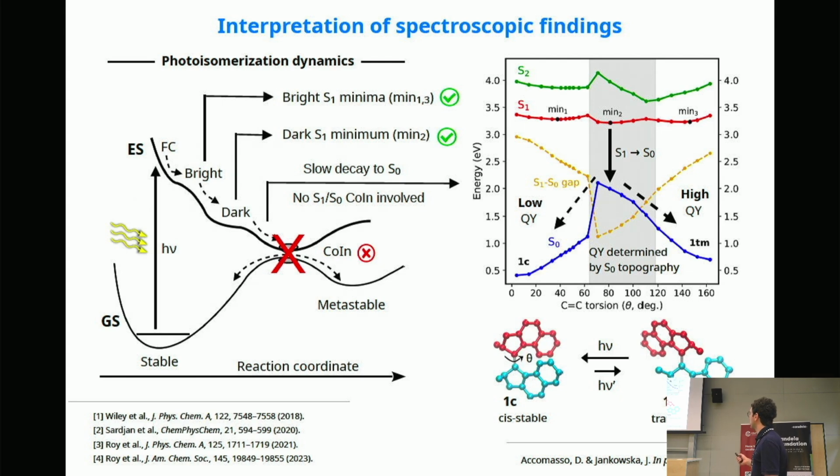And since this topography is selective for the trans isomer of this motor, the yield for the forward photoisomerization is much higher than the yield for the reverse reaction.